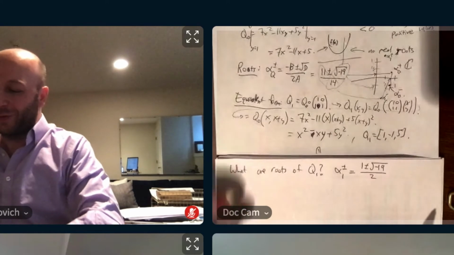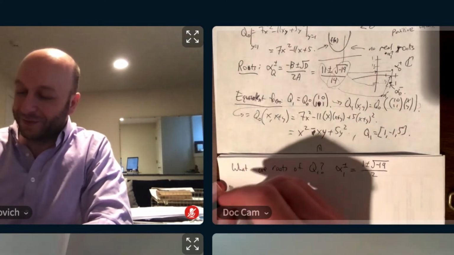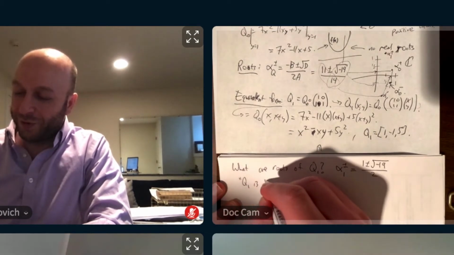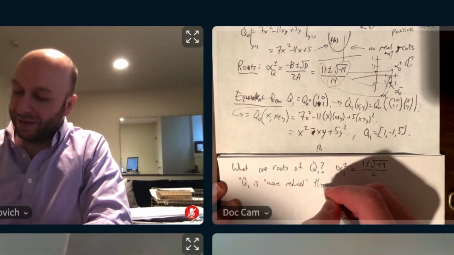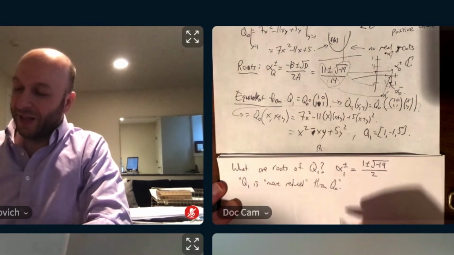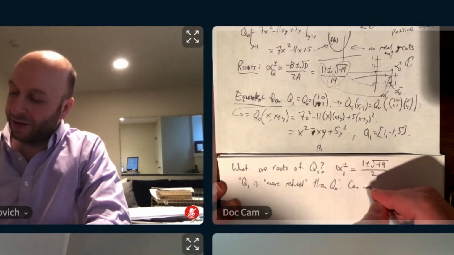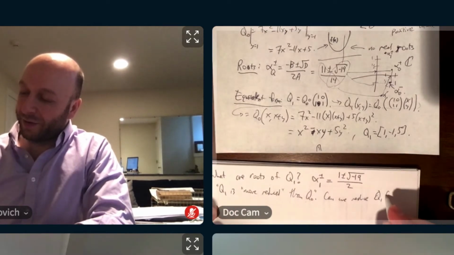So let's make a few observations. So Q1 is more reduced than Q0. And the question is, can we reduce Q1 even farther?